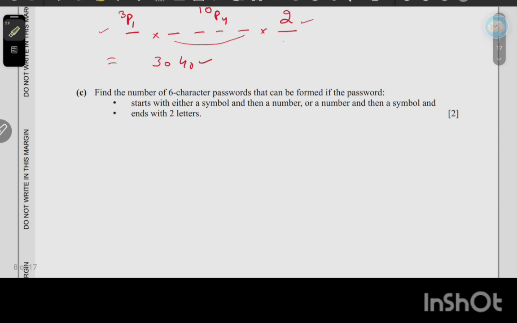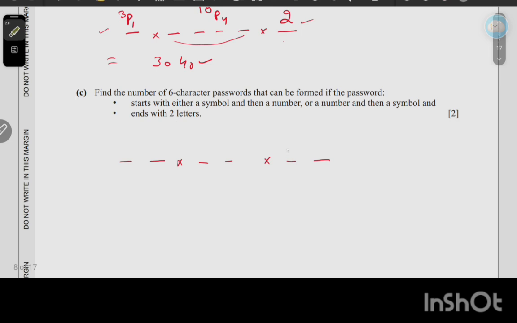It looks very complicated, but it's not complicated, it's very simple. First of all, we have to read it very carefully. Here, start with either a symbol and then a number, or a number and then a symbol, and end with two letters.